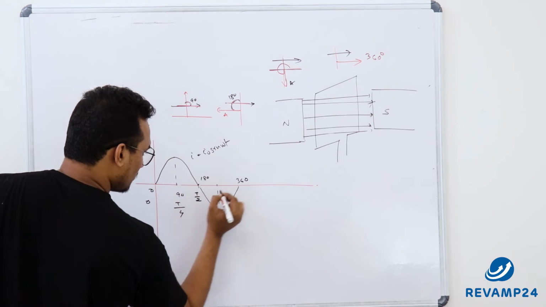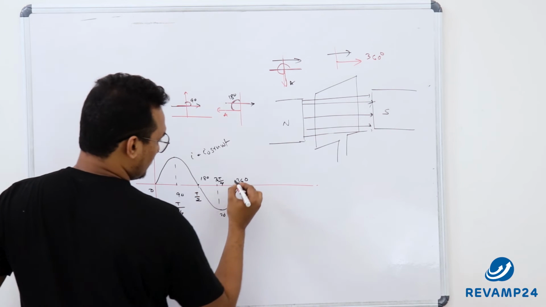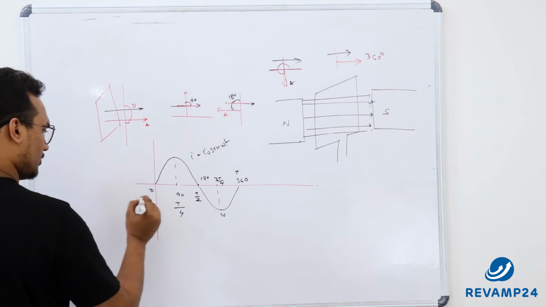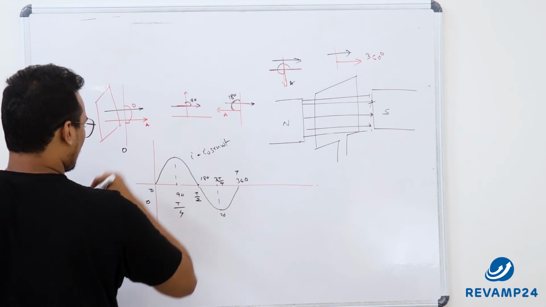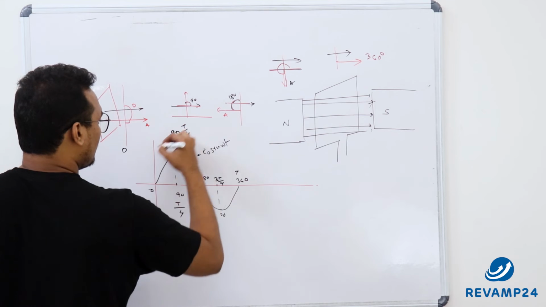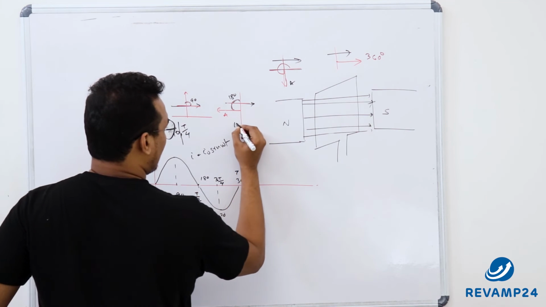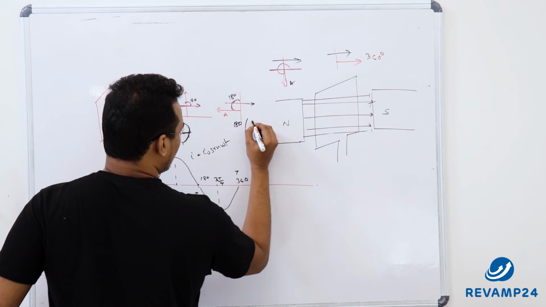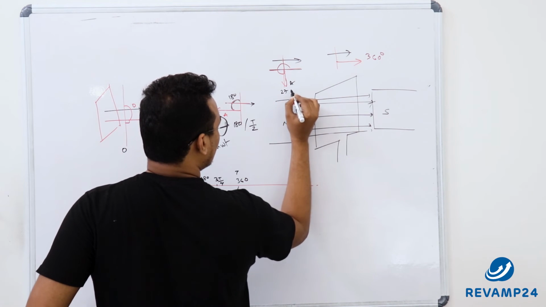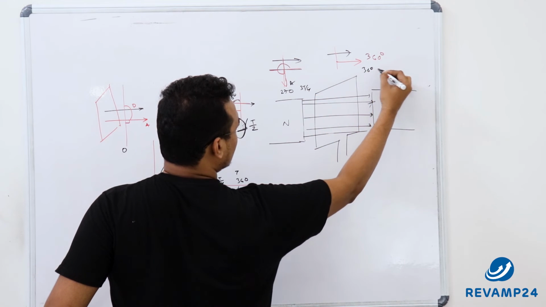So this is T by 2, this is 3T by 4, and this is T again. This is angle 90 or T by 4, angle 180 or T by 2, angle 270 or 3T by 4, and angle 360 or T.